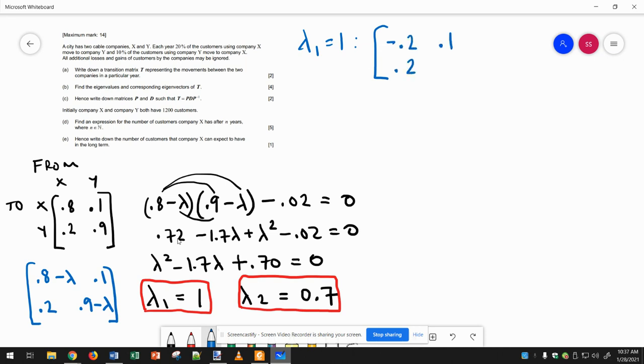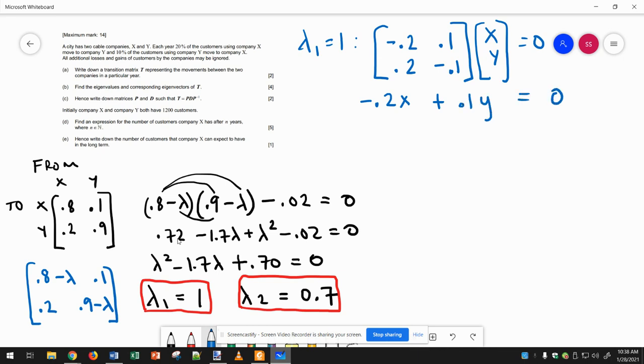And then 0.9 minus 1, which is negative 0.1. Then we multiply this by x and y and set it equal to 0. You just need to do one of the equations. So negative 0.2 times x plus 0.1 times y equals 0. And solve this equation for y.